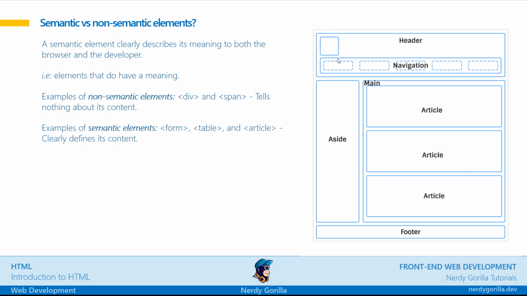For example, here we have the header for the document. It looks exactly like a printed paper, where you have a header and a footer, but the difference here is that you have a navigation, for example, because it's an electronic document, not a printed document.